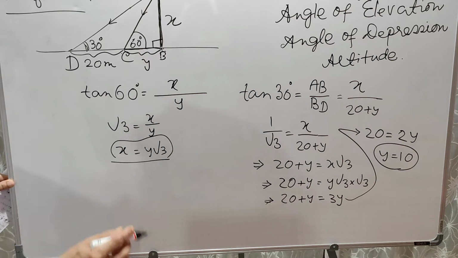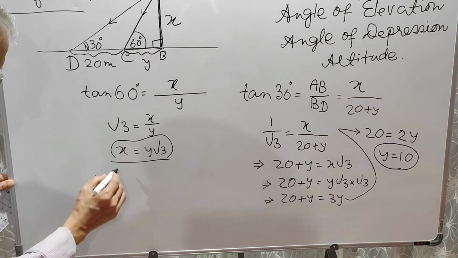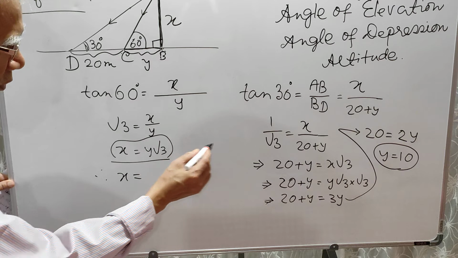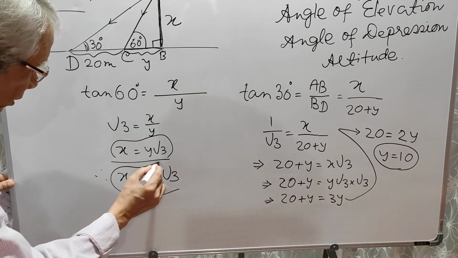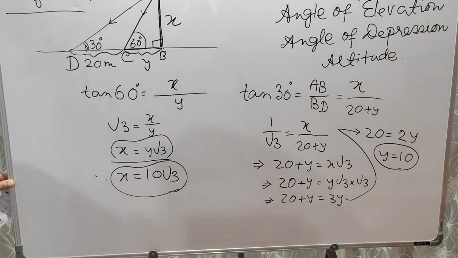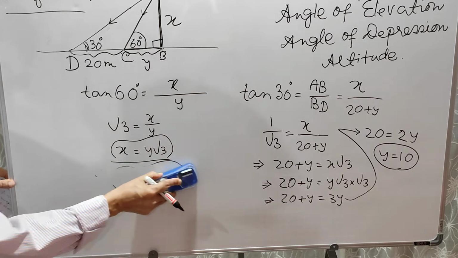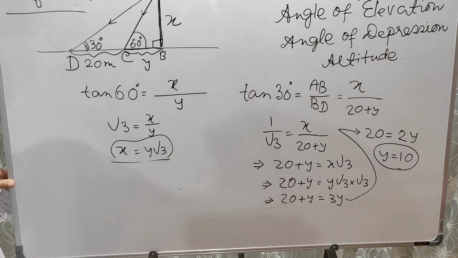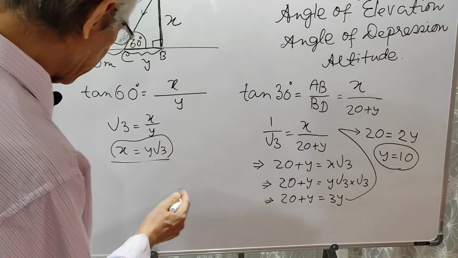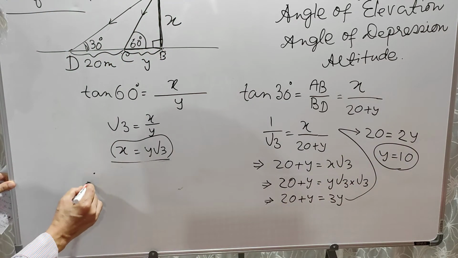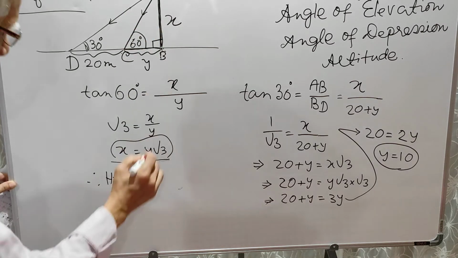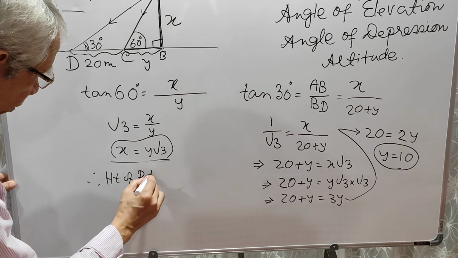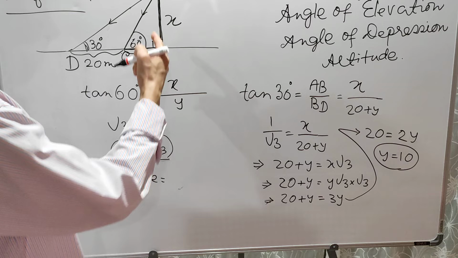So x equal to y root 3. Y root 3 means 10 root 3. So this is the height of the pole. So after this, you will write: therefore, height of the pole equal to x.